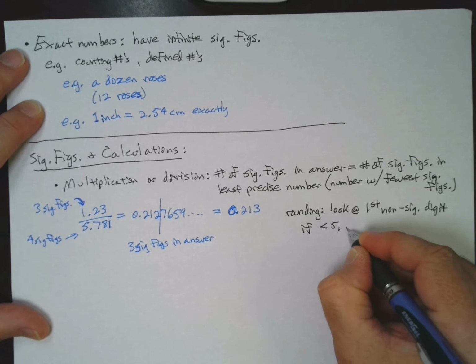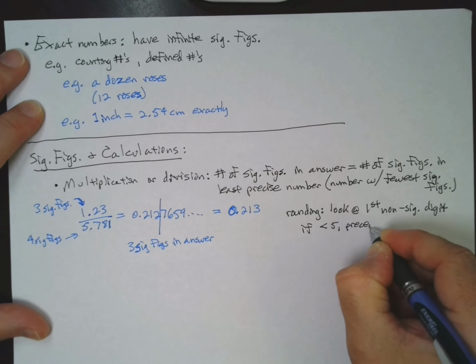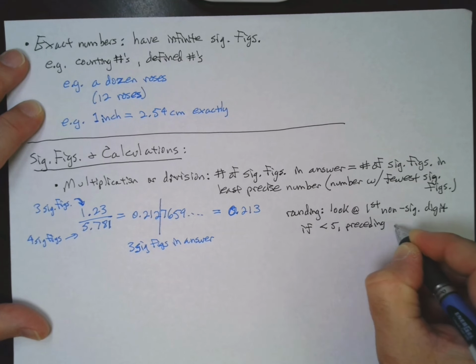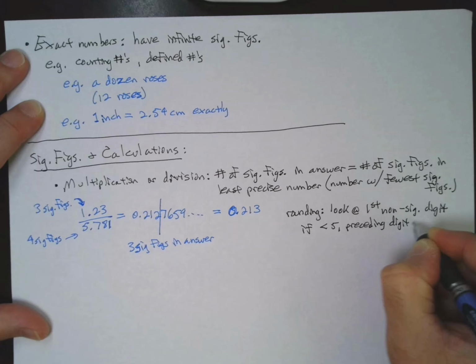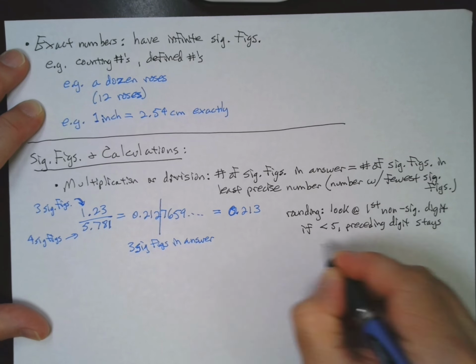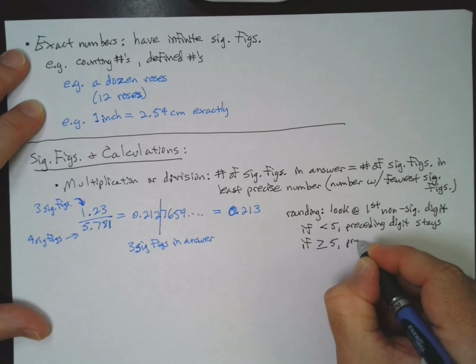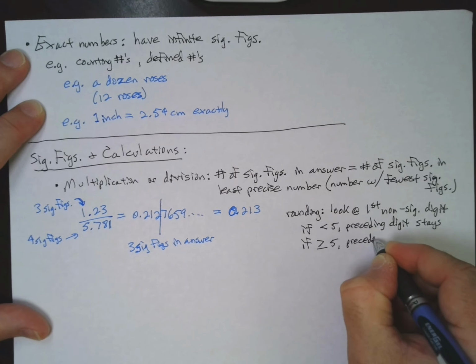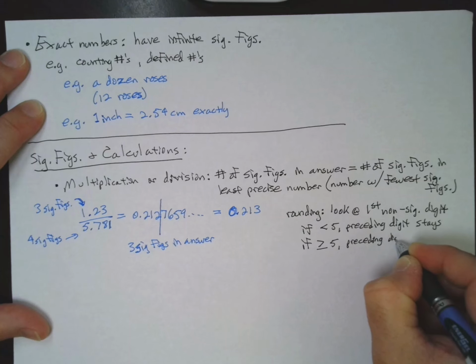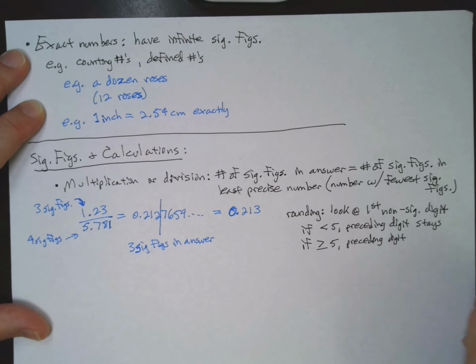The preceding digit will stay. If it's greater than or equal to 5, the preceding digit increases by 1.